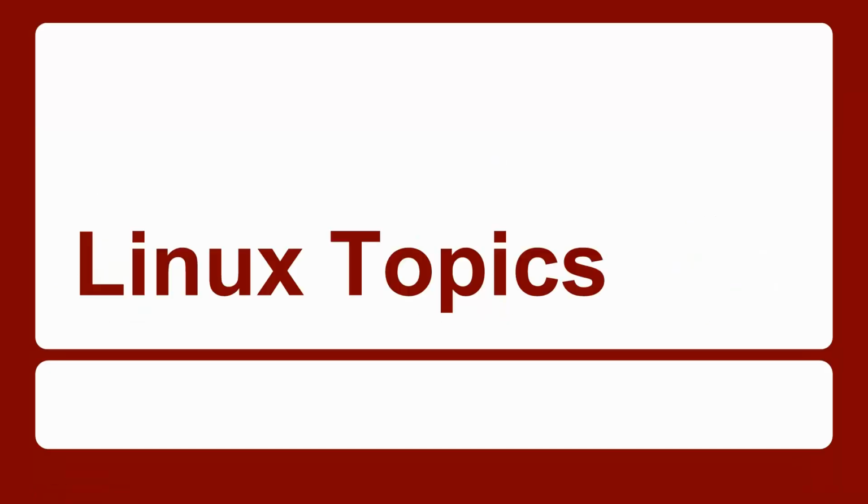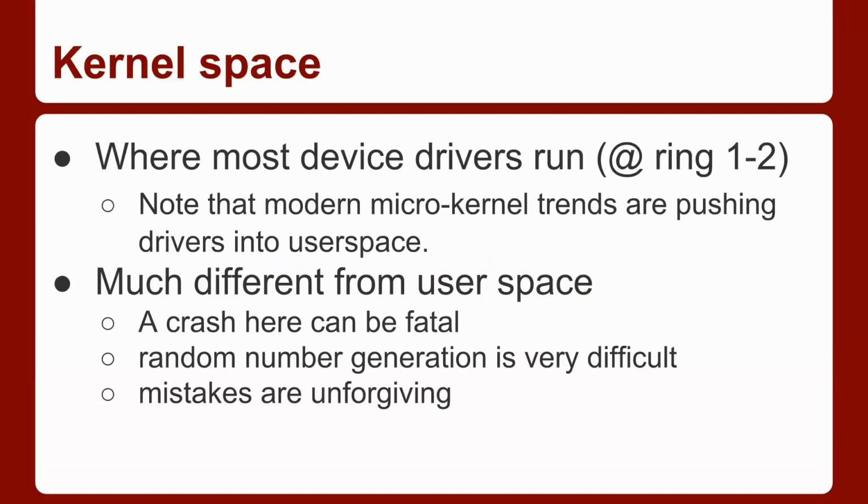So in order to understand this all better, we're going to have to understand an architecture, and the topics that are presented in our coverage of Linux generally apply conceptually to other architectures and operating systems. So kernel space is something that's present in Windows, Linux, etc. And it's much different from user space.